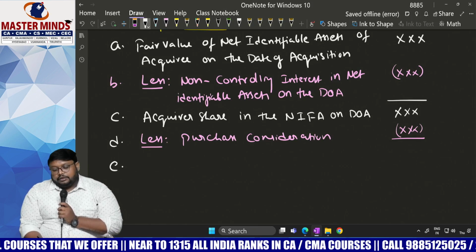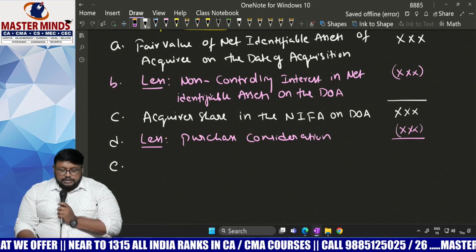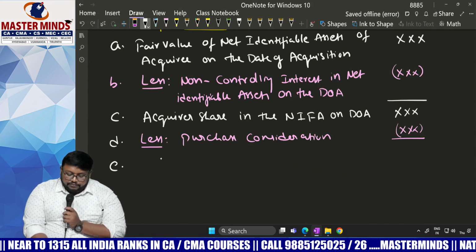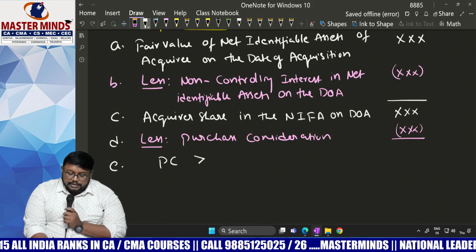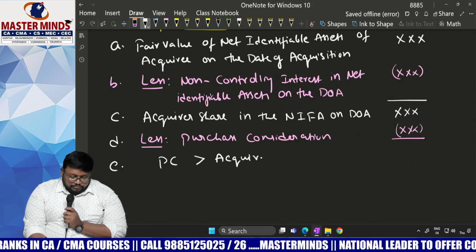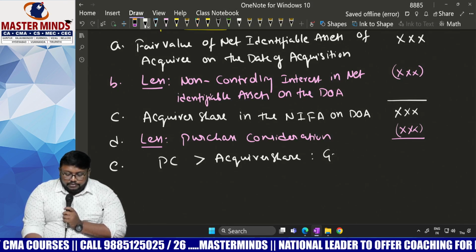If purchase consideration is more than acquirer share, then goodwill. So this is only for understanding. Purchase consideration is greater than acquirer share, then we will get goodwill.